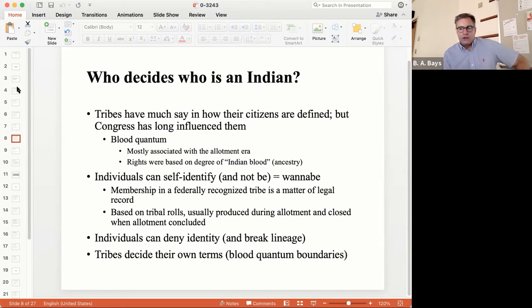That is a certification that you're a member of a particular federally recognized tribe. And on that CDIB card is a blood quantum. All right. So that's an official document of the United States government, like a driver's license or a passport.